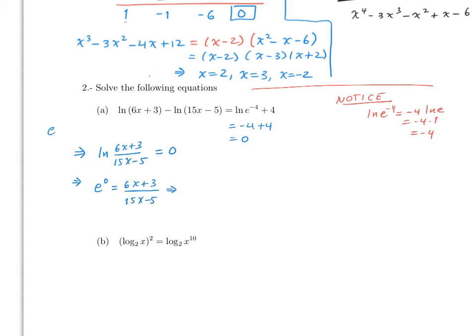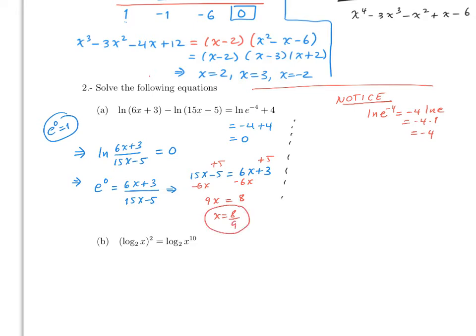But remember, anything to the 0 power equals 1. So therefore from here we have that 15x minus 5 equals 6x plus 3. Then if you solve for x, subtract 6x and add 5, this will give you 9x equals 8. So that means that x equals 8 over 9.